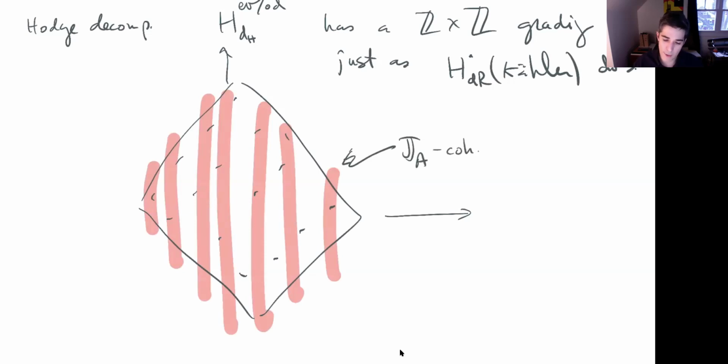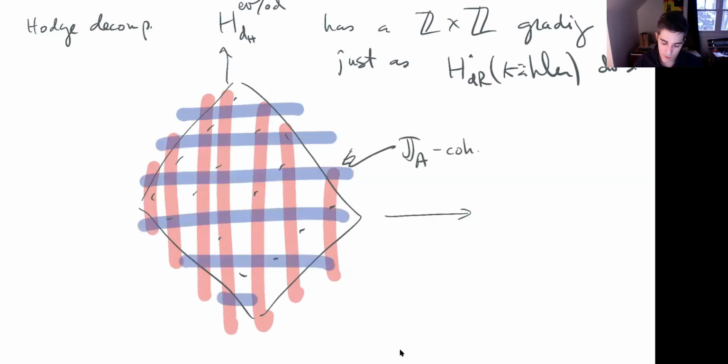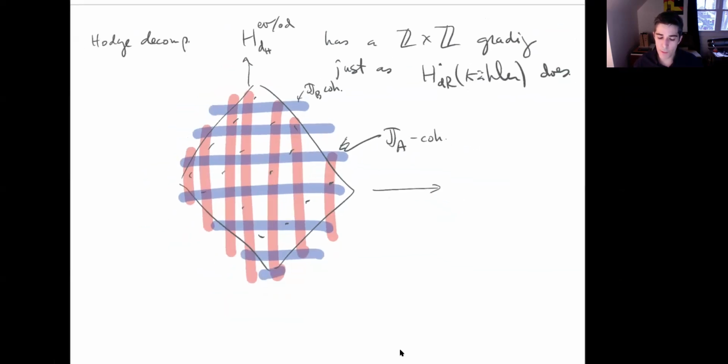And if you cut the diagram like this, it will be the JB cohomology. And basically you end up with a Z cross Z decomposition of the cohomology.